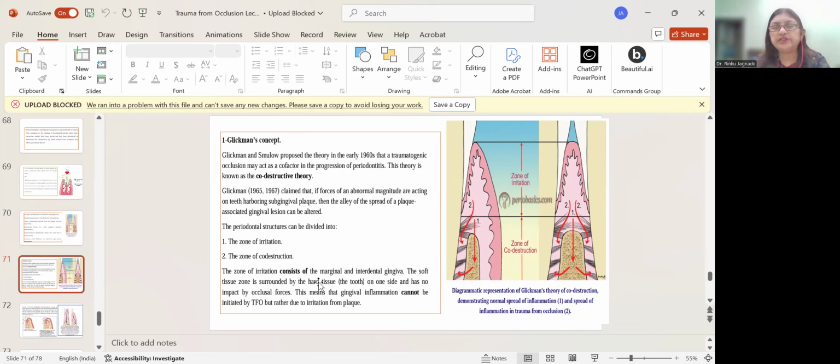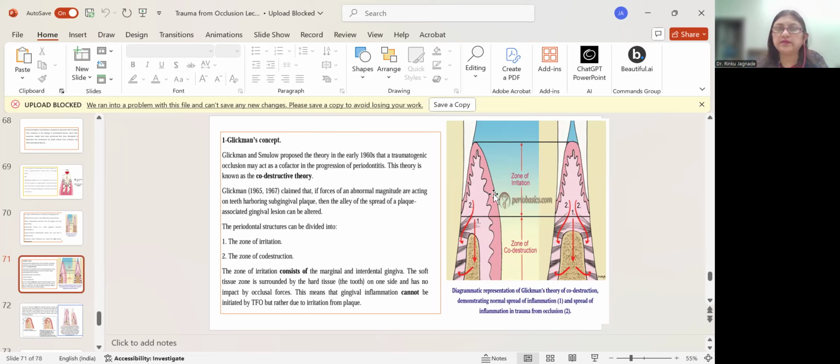So zone of irritation consists of marginal and interdental gingiva, and the soft tissue zone is surrounded by hard tissue of the teeth on the one side, and it has no impact on the occlusal forces. This means that gingival inflammation cannot be initiated by trauma from occlusion, but rather by irritation from the plaque.